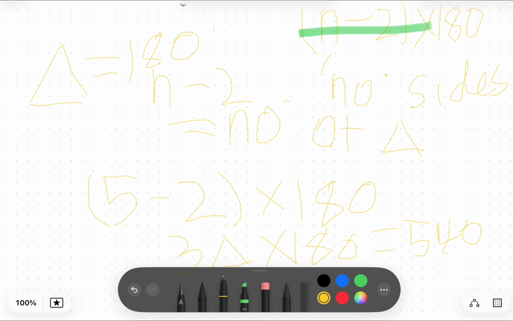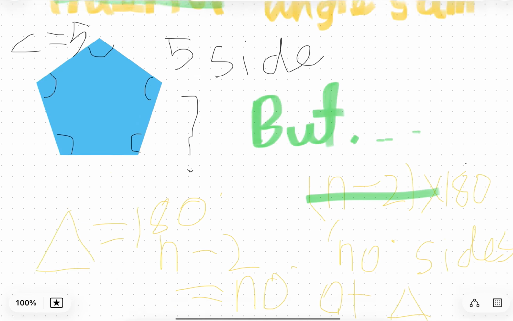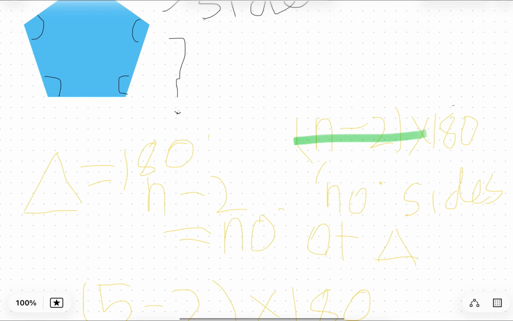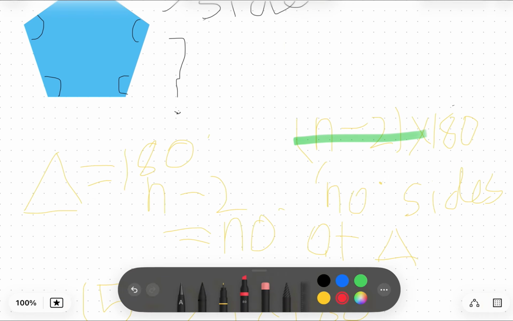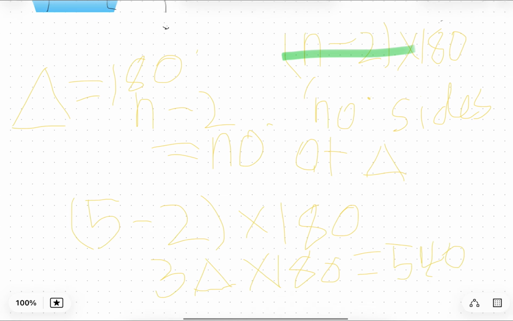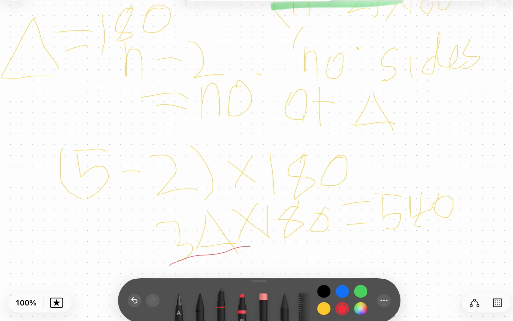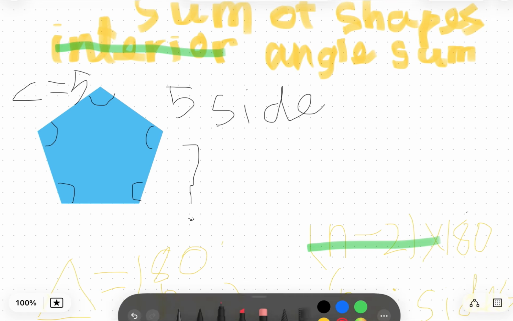Now hold up. You'd be like, hey Dawick, where's the logic? This shape, if we get back to the number of triangles, I'm going to highlight this in a bright red over here. The number of triangles over here are 3. How? You'd be like, how?